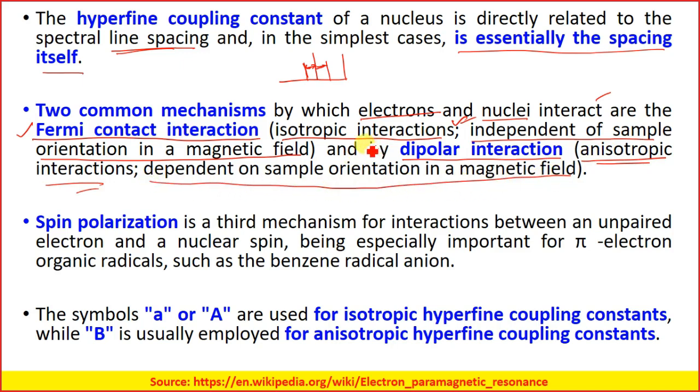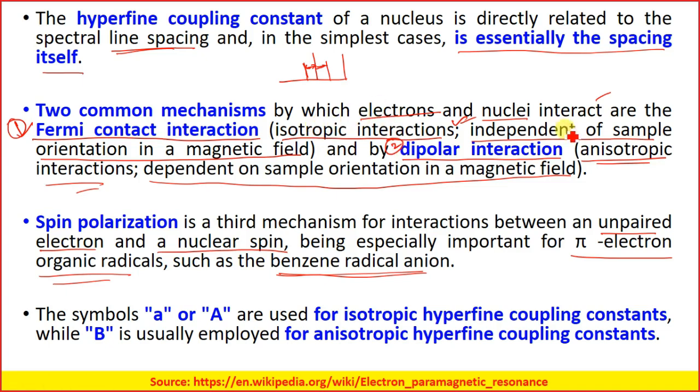Now spin polarization is a third mechanism for interactions between an unpaired electron and a nuclear spin, being especially important for pi electron organic radicals such as the benzene radical anion. So there are two common mechanisms: Fermi contact interaction and dipolar interaction.